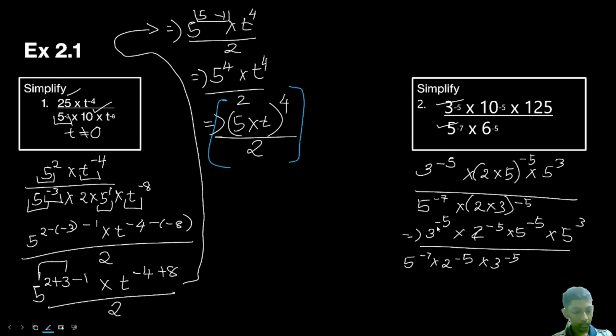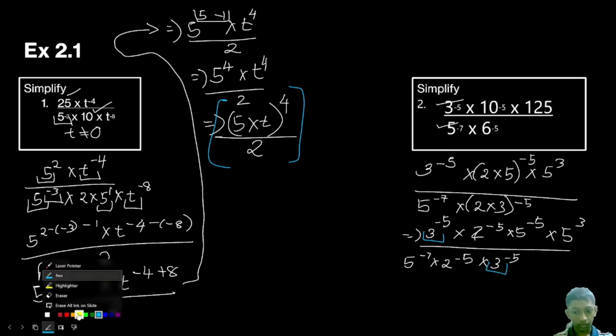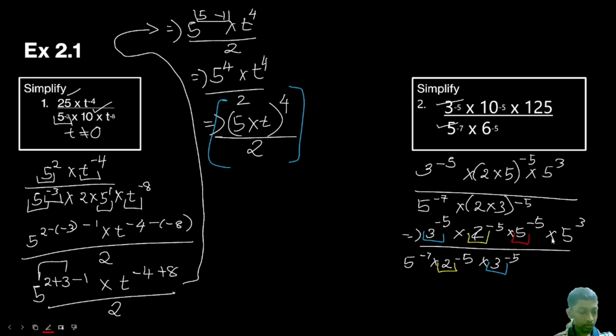In this question, there is a 3 at the numerator, 3 at the denominator, 2 at the numerator, 2 at the denominator, 5 at the numerator, another 5 at the numerator, and a 5 at the denominator.